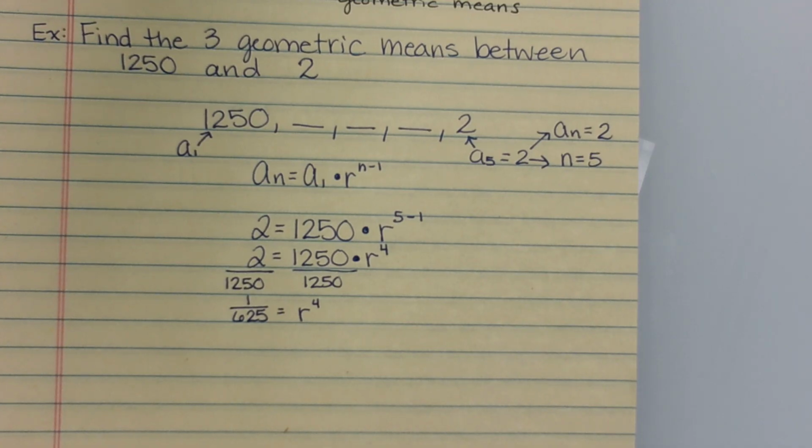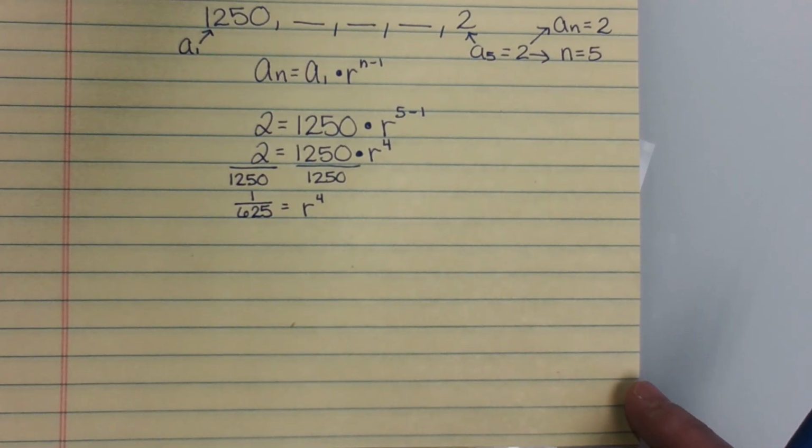How do you get rid of a 4th power? Go for it. Kind of. It's not called a square root. A square root is called a square root because it gets rid of a square. I've got a 4th power here. How do I get rid of a 4th power?